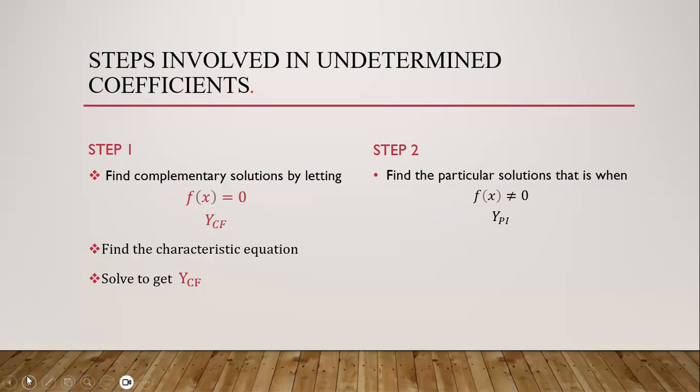The second step is to find the particular solution. That is when you let f of x not equal 0, and then you find your YPI. We are going to have an example so that you can see how the method works.